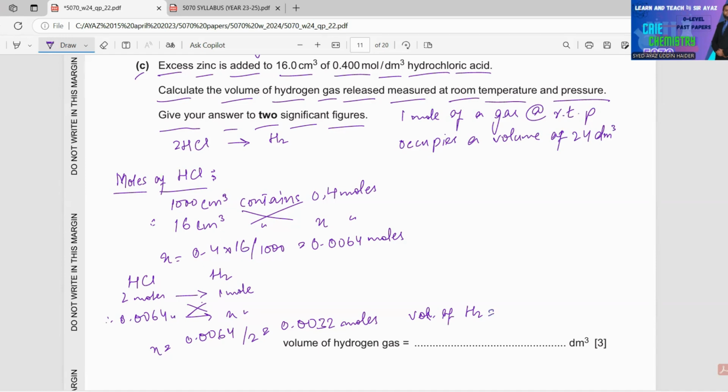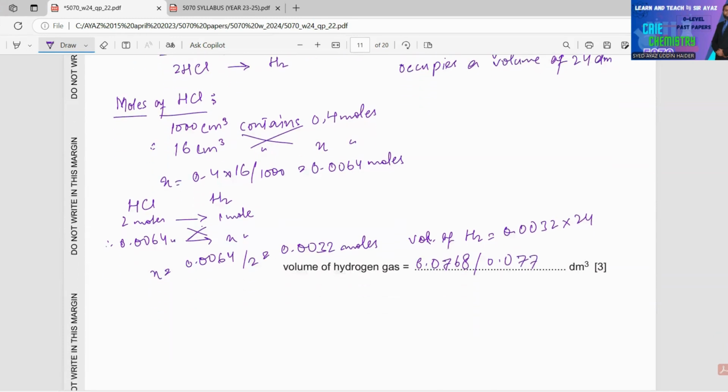So you need to multiply these moles by 24. 0.0032 multiplied by 24. So the answer becomes 0.0768. Or you can even write 0.077 dm³. This will be the final answer.